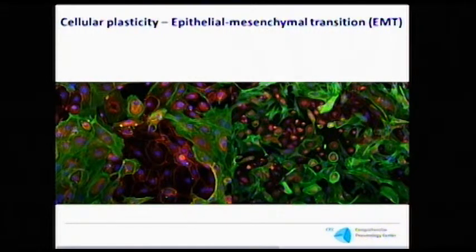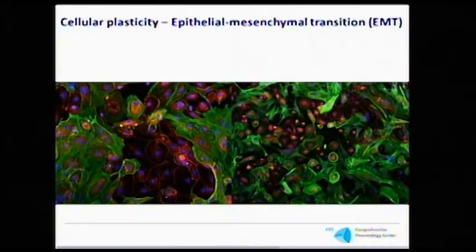And here you can see what can happen to these cells if they are sick. I really like this picture because it shows you what kind of plasticity these alveolar epithelial cells have. What you can see is epithelial cells on a plastic dish, cultured and then stained for several markers. One is an epithelial cell marker, which you can see here in red, outlining nicely the epithelial structure.